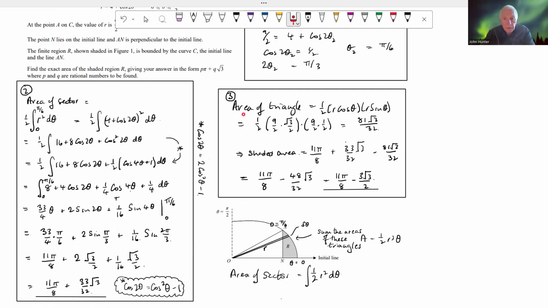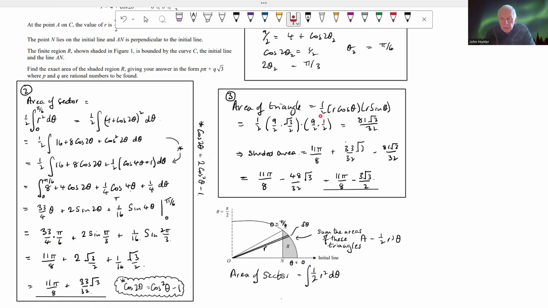Now what we're going to do is find the area of the triangle, and we can subtract one from the other. The area of the triangle is half base times height, isn't it? So, half of the base. Now this angle is pi by 6. The length is r, it's 9 over 2.